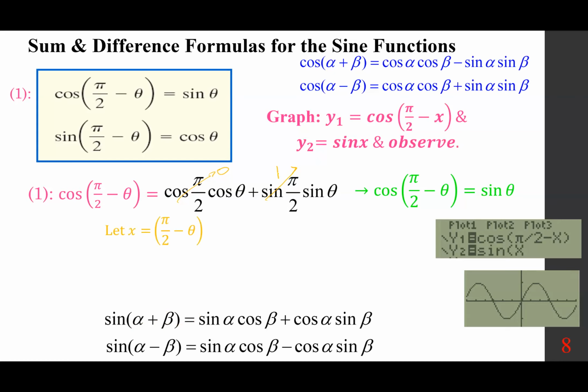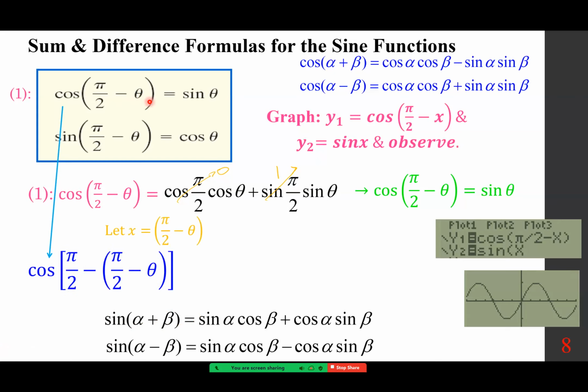Now, if we choose pi over 2 minus theta to be something, for example, x, cosine of pi over 2 minus theta, if I write it as pi over 2 minus, pi over 2 minus theta, everybody knows that if I apply the negative, these two cancel each other, this becomes plus theta.